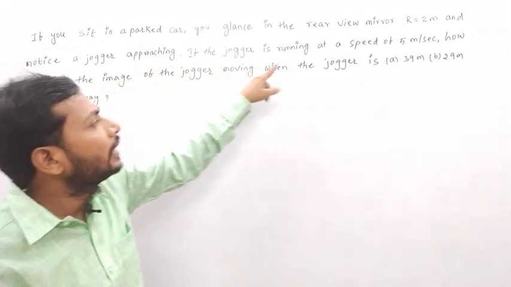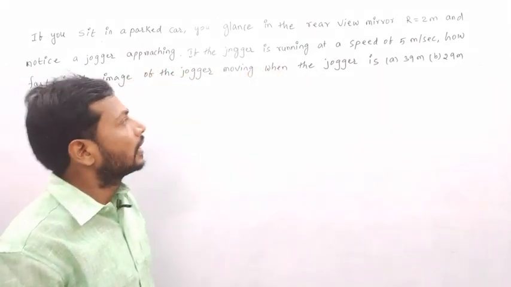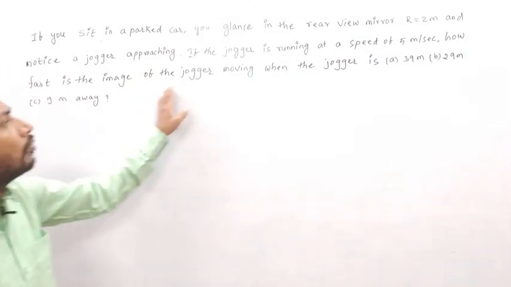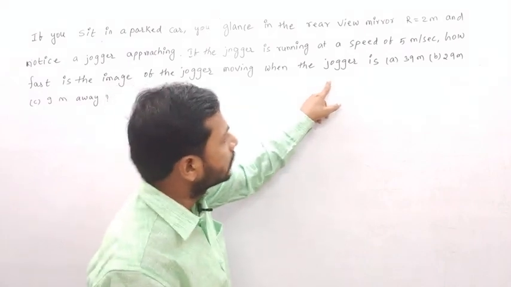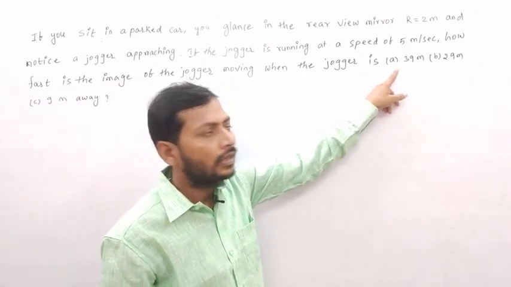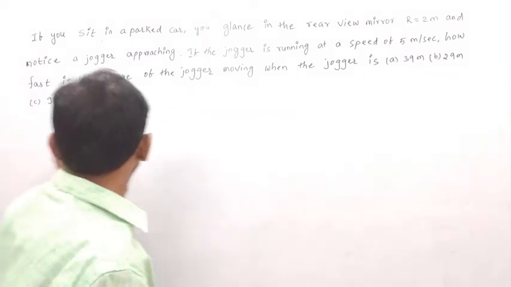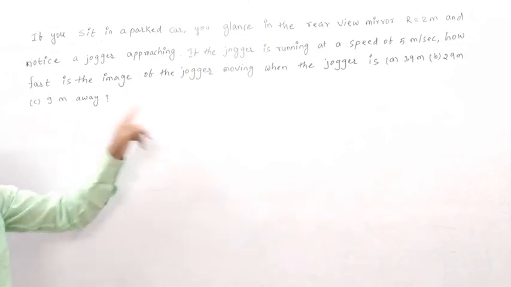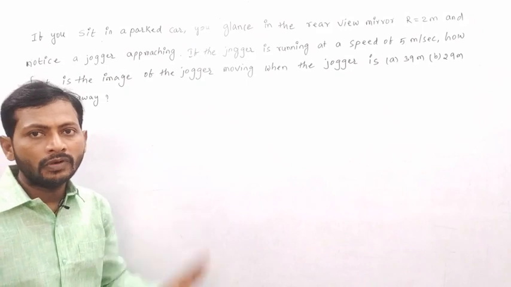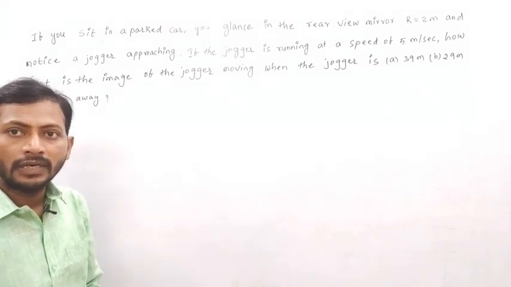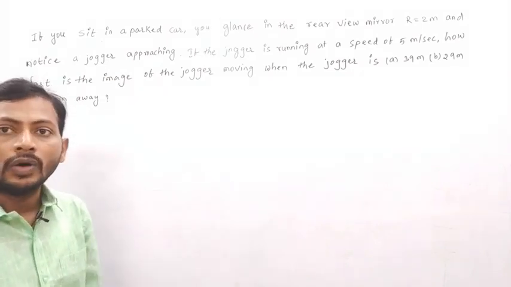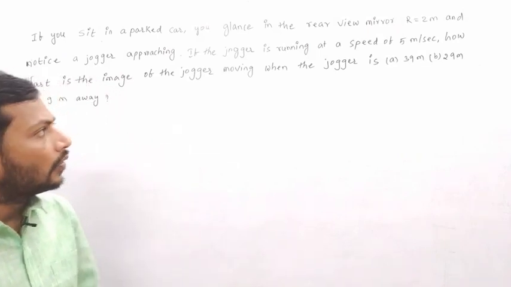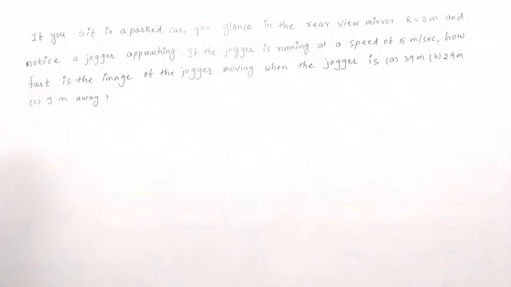If the jogger is running at a speed of 5 meter per second, how fast is the image of the jogger moving when the jogger is at 39 meter, at 29 meter, and lastly at 9 meter? Out of these three, one case I will explain in our regular method, and the other two we will do with the tricky method. Is it clear? I hope you understood the question.